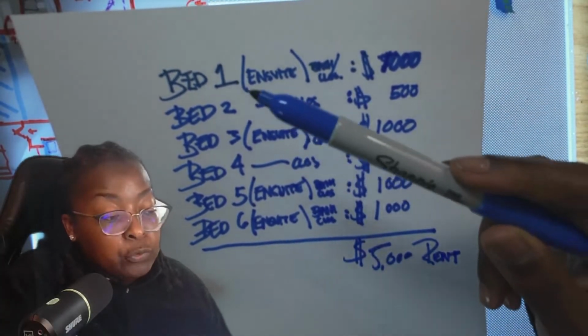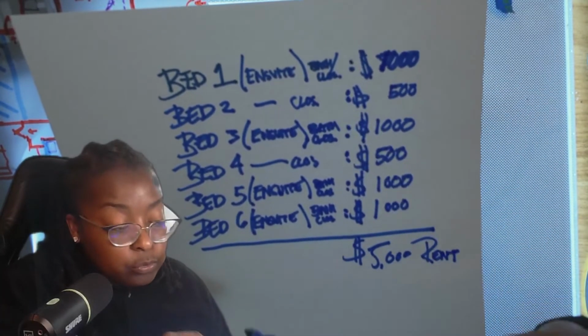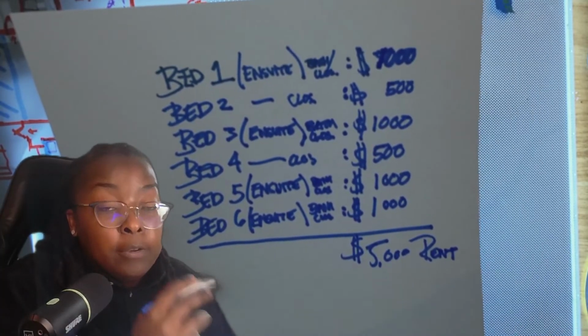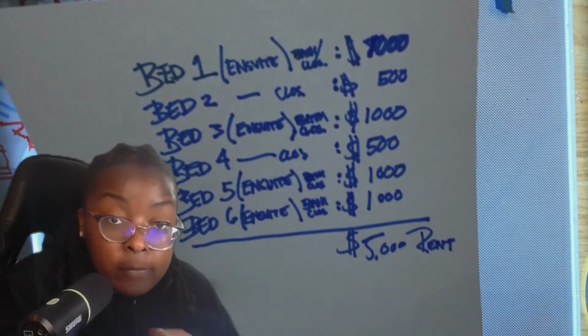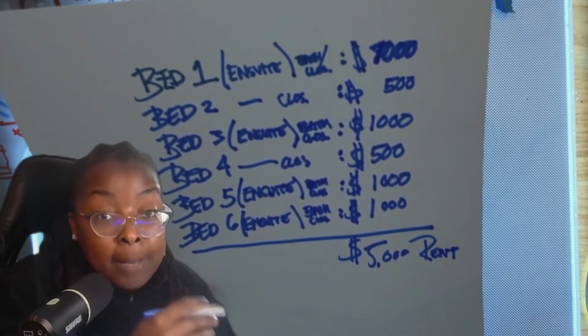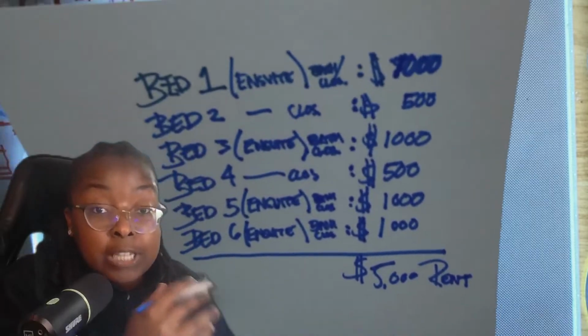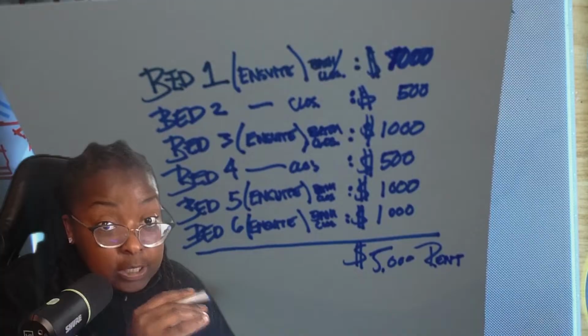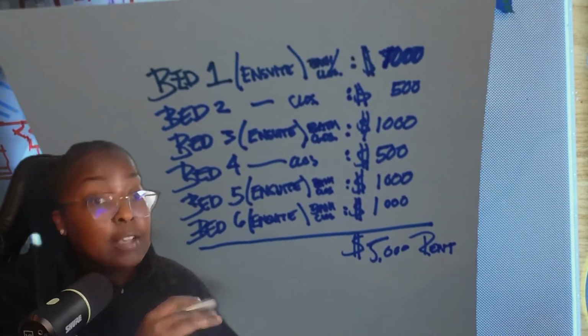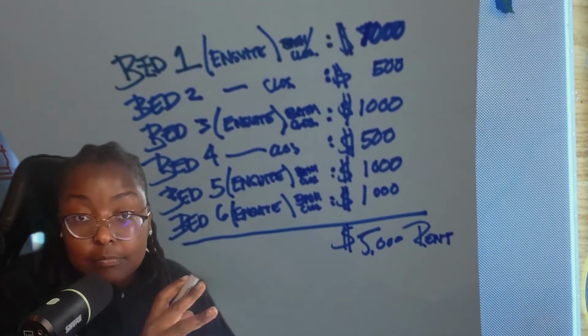We can have two beds in those rooms. And you're thinking, so what does that mean? That means instead of renting the room for 1,000, you can probably charge by bed at maybe $700. Now you're looking at 1,400 for the room versus $1,000. So, just something to think about.